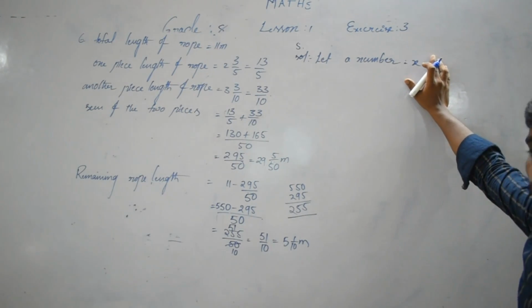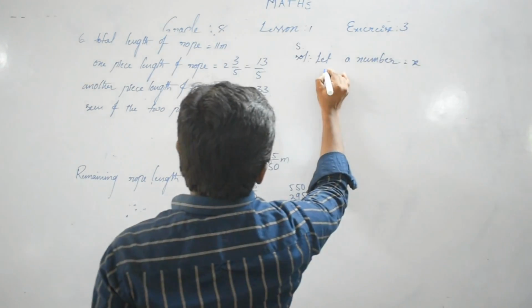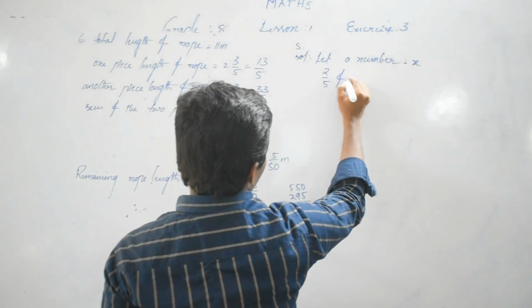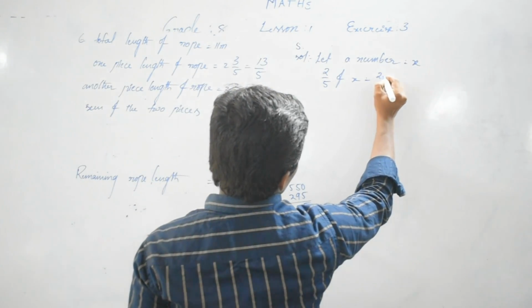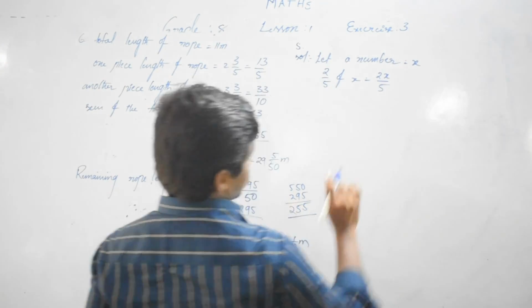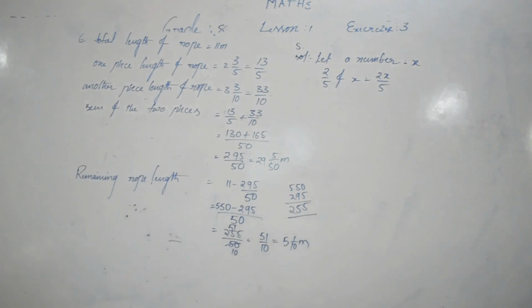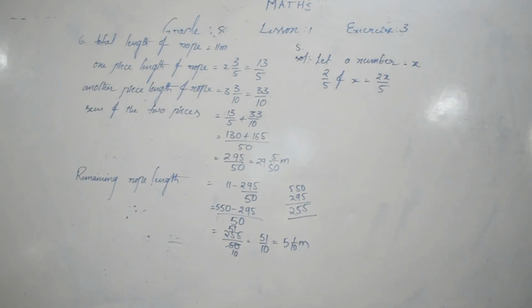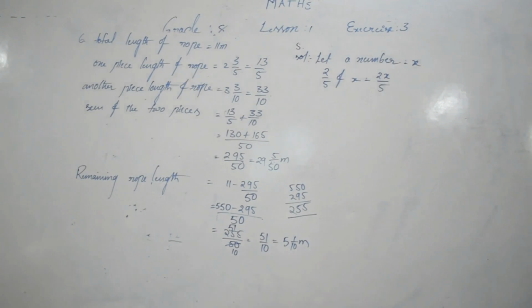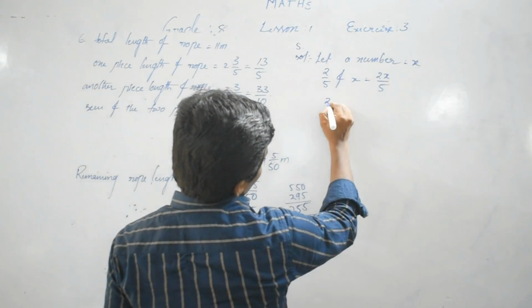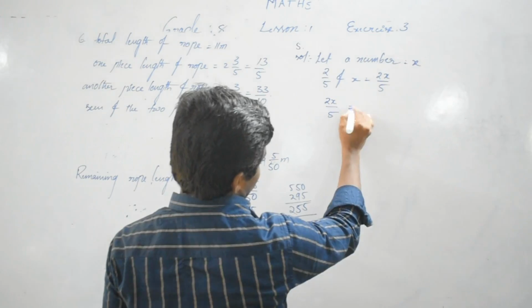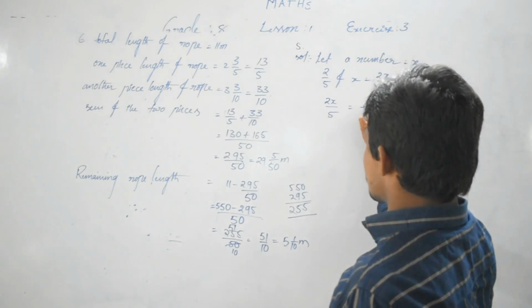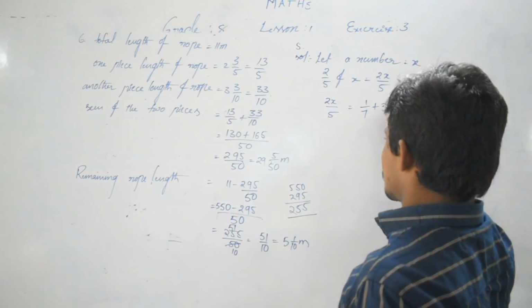Of this number 2 by 5, so 2 by 5 of x, so 2x by 5. So this one exceeds how much? 1 by 7 of the same number by 36. So here 2x by 5 is equal to 1 by 7 plus 36.